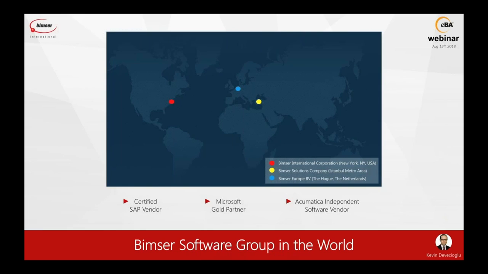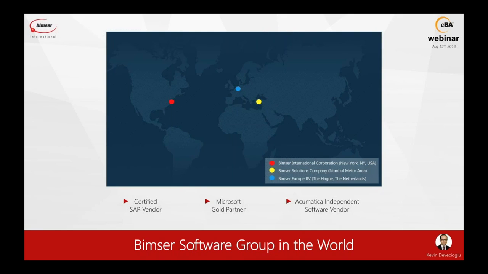BIMSER International has a software development center in the Istanbul metro area, and also has a presence in Europe, in the Netherlands. BIMSER International is based in New York, and as a group, BIMSER has about 150 people working day and night to help companies simplify their processes.